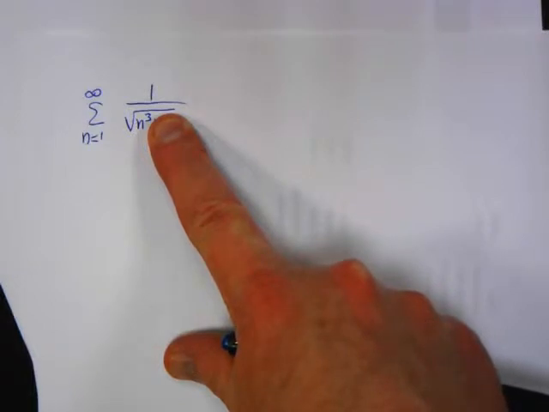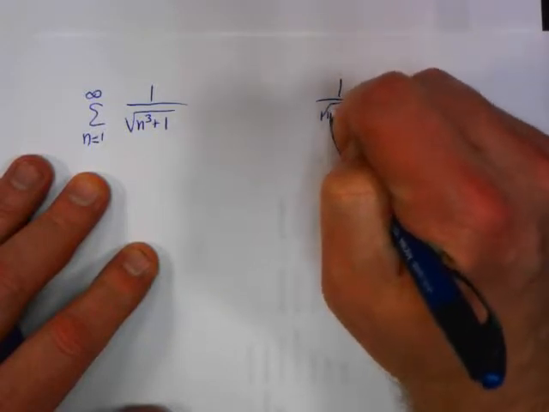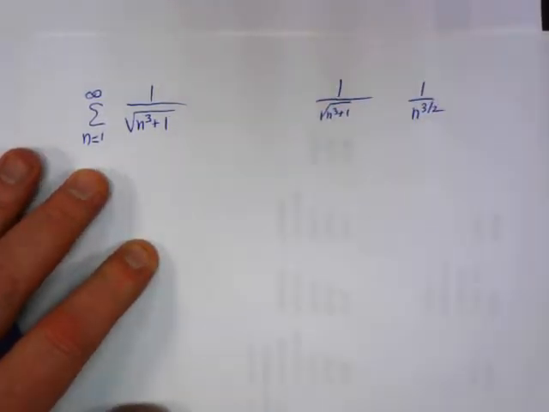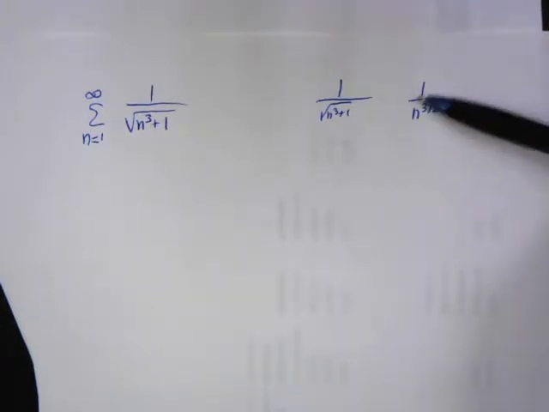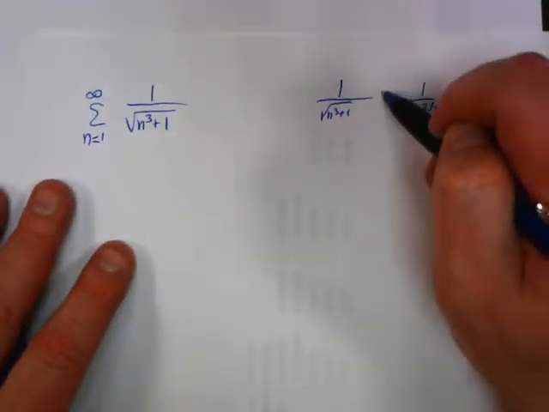That's 1 over the square root of n cubed, which is the same as 1 over n to the 3/2. So, this looks a lot like 1 over n to the 3/2. And what do I know about 1 over n to the 3/2? It's a convergent p-series because p is bigger than 1.